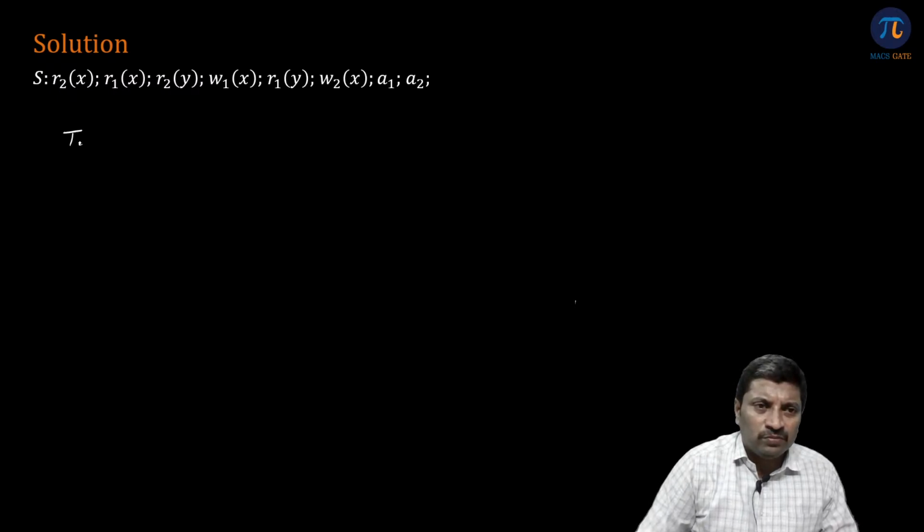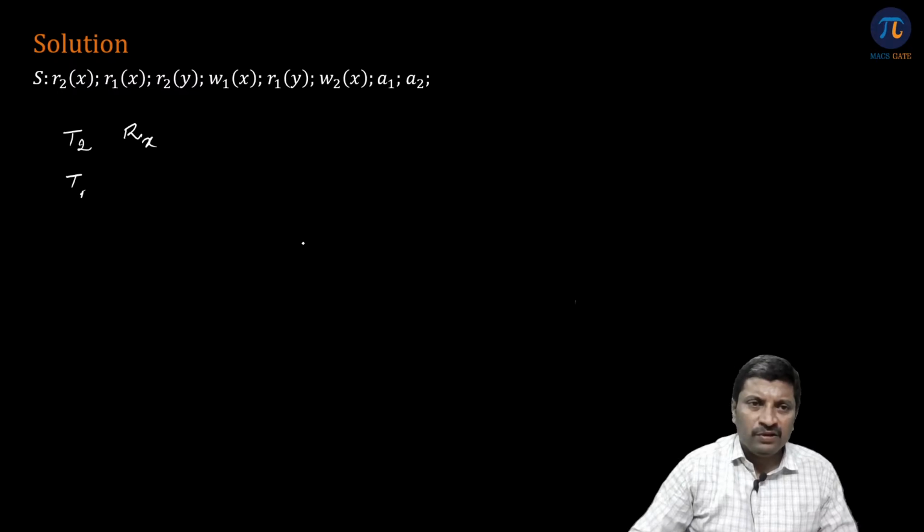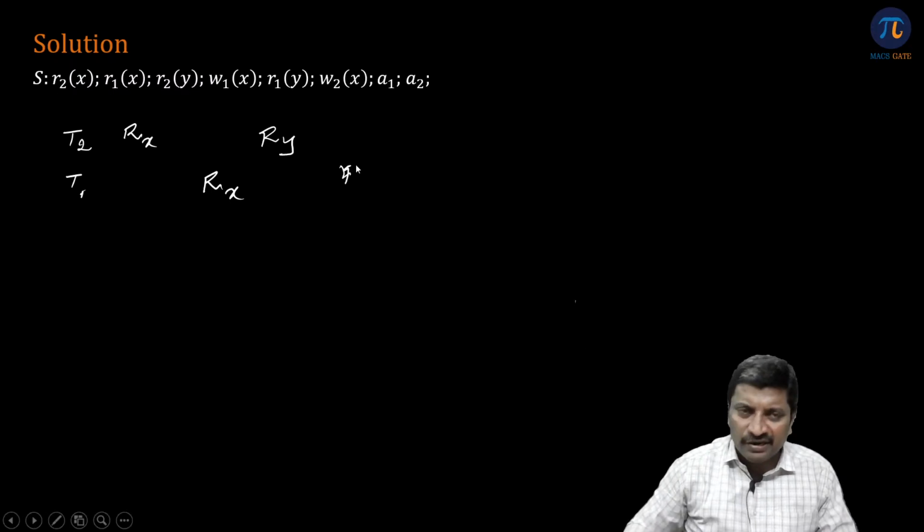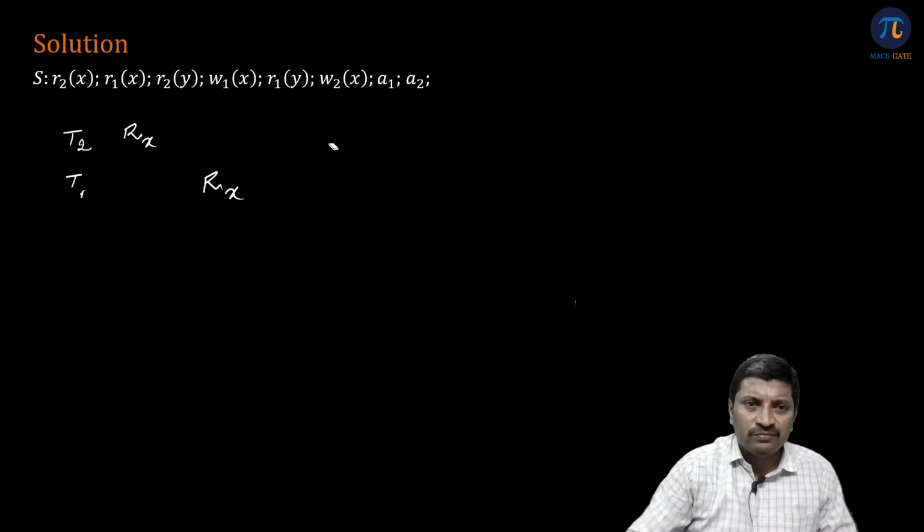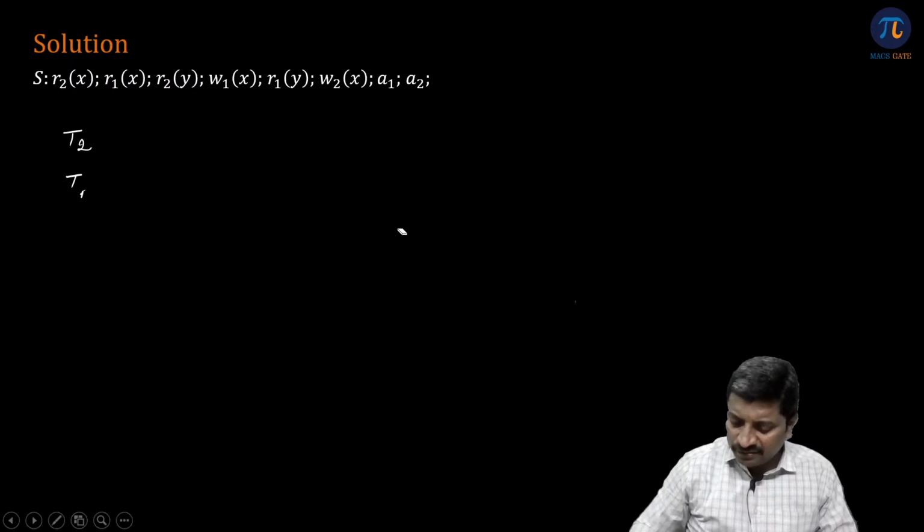T2 reads the value of X, then T1 reads the value of X. I think better to write like this. T1 reads the value of X, then T2 reads the value of Y, then T1 reads the value of, it's not read, right? It's write. One minute, sir, let me write it.